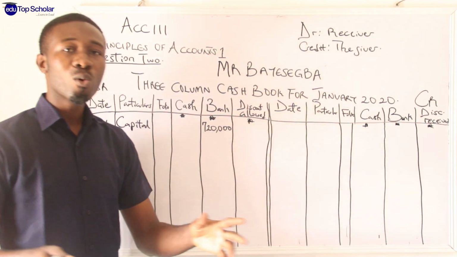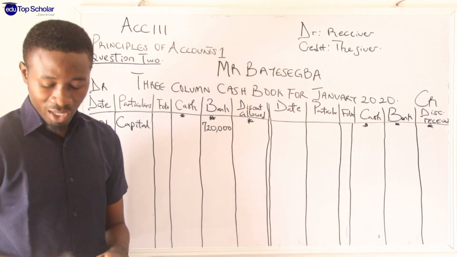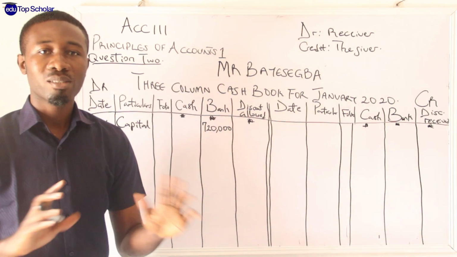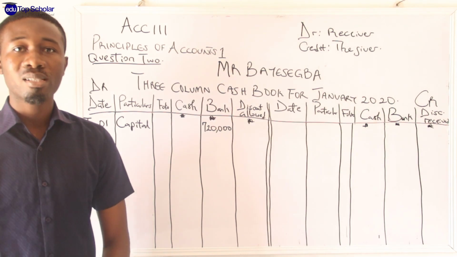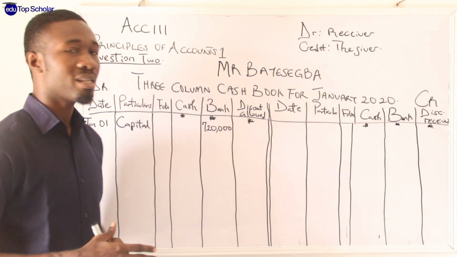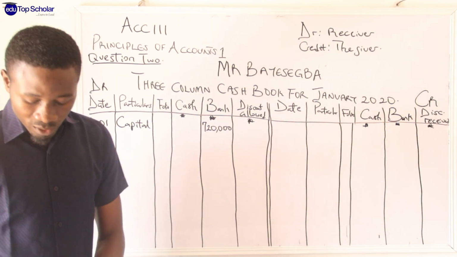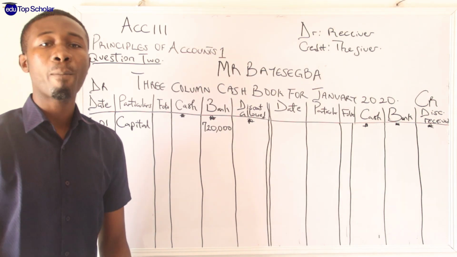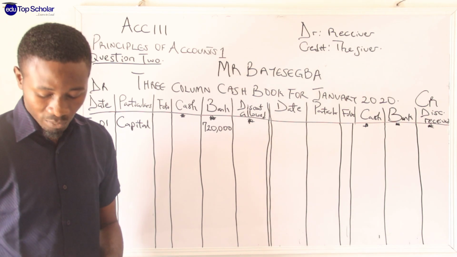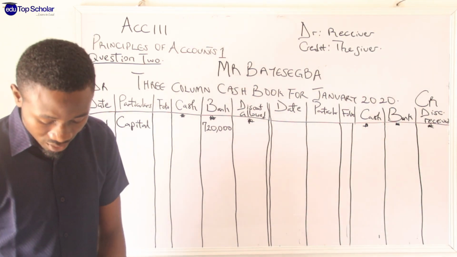It means that goods bought on credit don't come to the cash book, because the cash book records only cash transactions. So this January 1 transaction will not come into this account because the goods were bought on credit. So this transaction will go to the purchases day book that we talked about in the number one question.